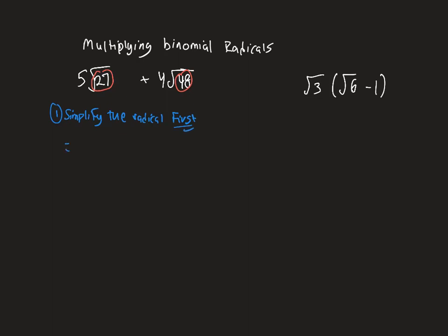Okay, so if I were to simplify the radical, I would have 5. I know 27 is the same thing as saying 9 times 3. And I know 48, well, if you don't know what the perfect square equivalent of 48 is right away, you can simply do prime factorization. So let's do this here in the corner.